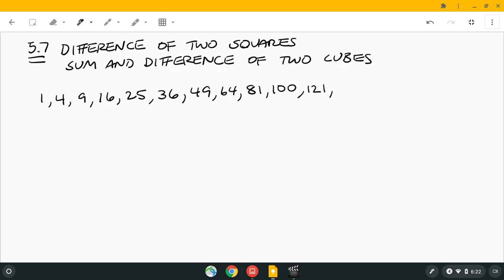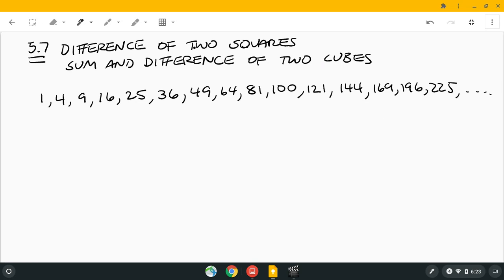Okay, 121. Good. 12 times 12, 144. Does anyone know 13 times 13? I believe it is 169. And then 14 times 14, some math geniuses out there saying 196. 15 times 15, 225. Okay, we can keep going, but clearly I'm running out of space. All right, so those are your perfect squares.